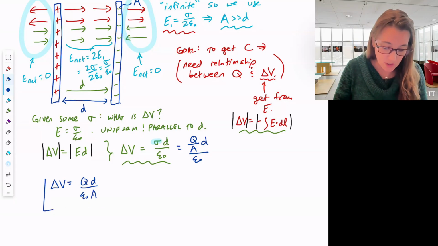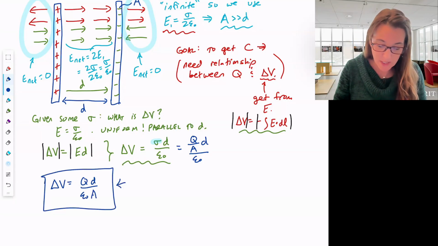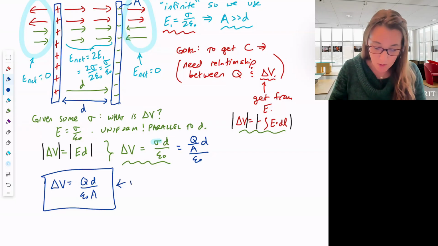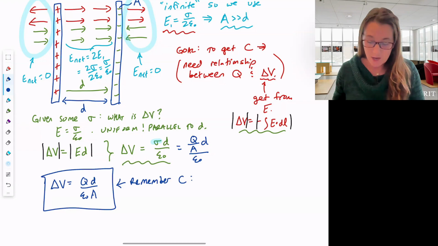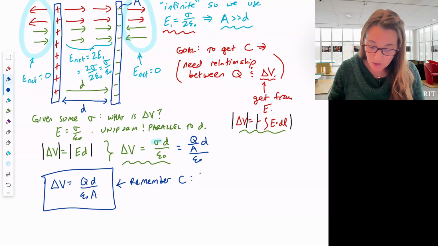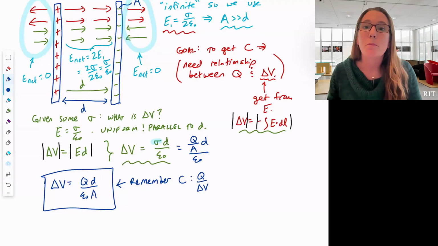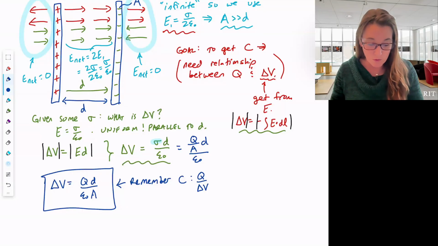And this is how we get capacitance from this. We want to remember that capacitance is equal to your Q over your delta V. How much charge per volt can you hold?